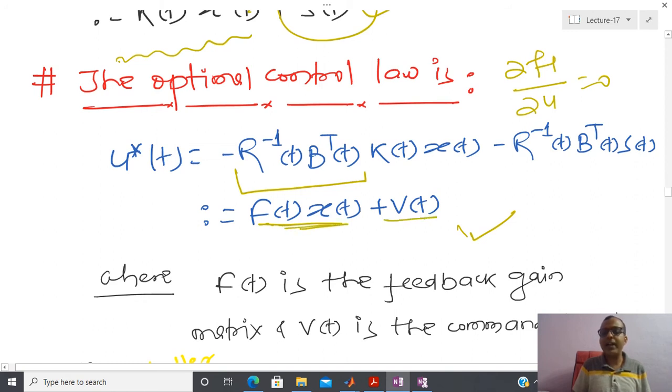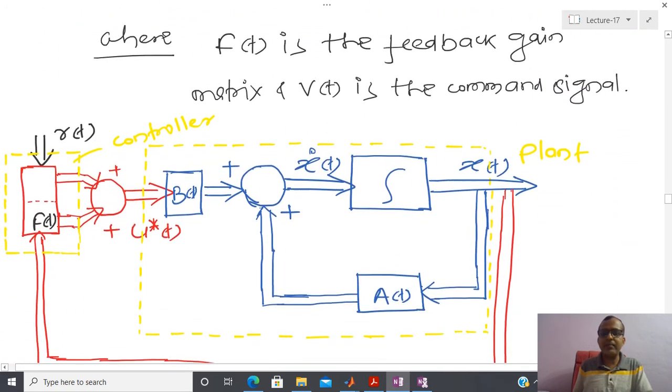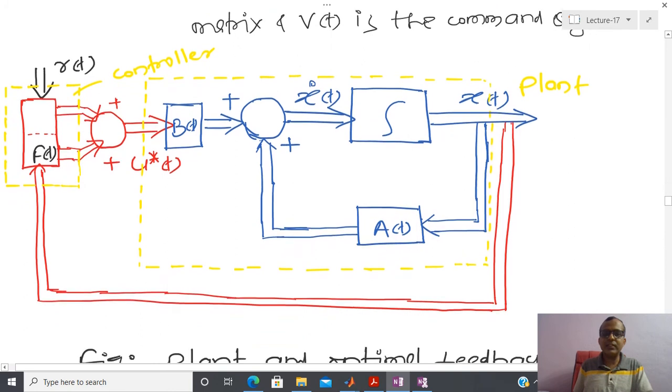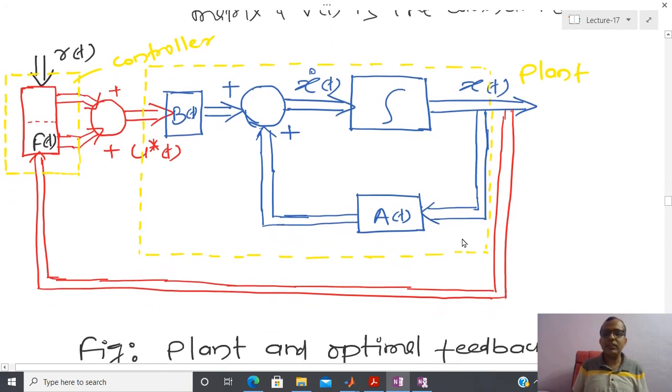Now in the tracking problem I have some kind of extra quantity V(t), and from here you can see that V(t) is nothing but this particular part, so V(t) is the command signal, or modified command signal you can say. Now let us see the same thing using the block diagram. This is the block diagram of the optimal tracking problem.